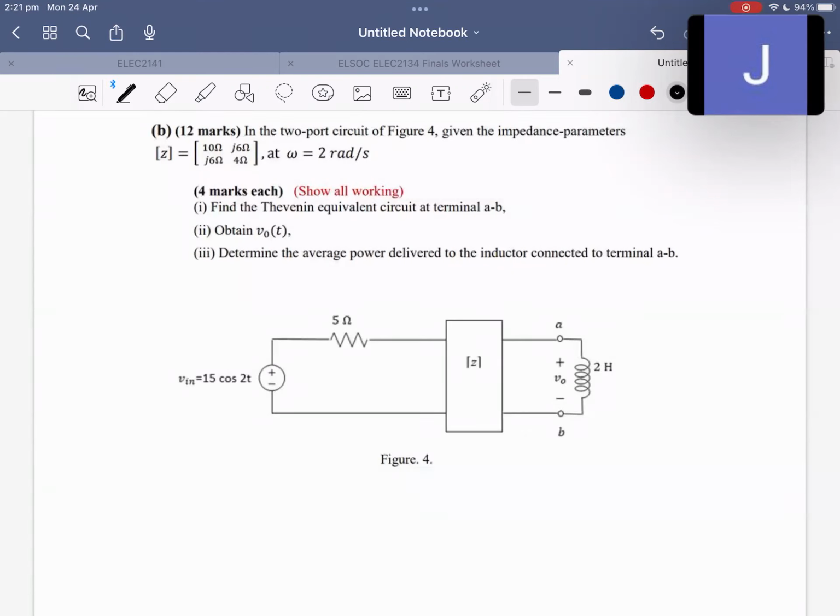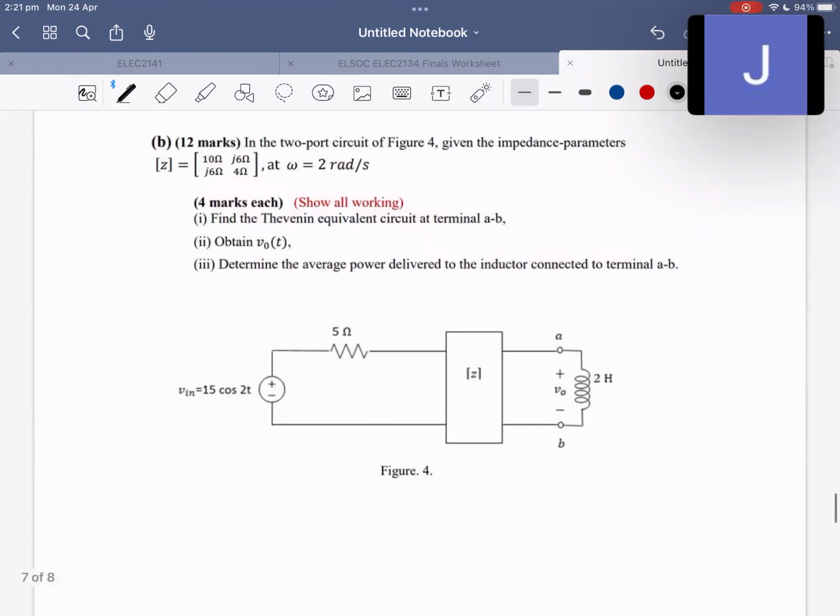In a 2-port network, given the impedance parameters, so they give you the matrix itself, and the frequency at which the circuit runs, find the Thevenin equivalent circuit at terminal AB. This question is interesting because it's not just your standard 2-port network question, where you just calculate Z11, Z12, etc. It asks for the Thevenin equivalent at terminal AB, which you can get to using the impedance parameters.